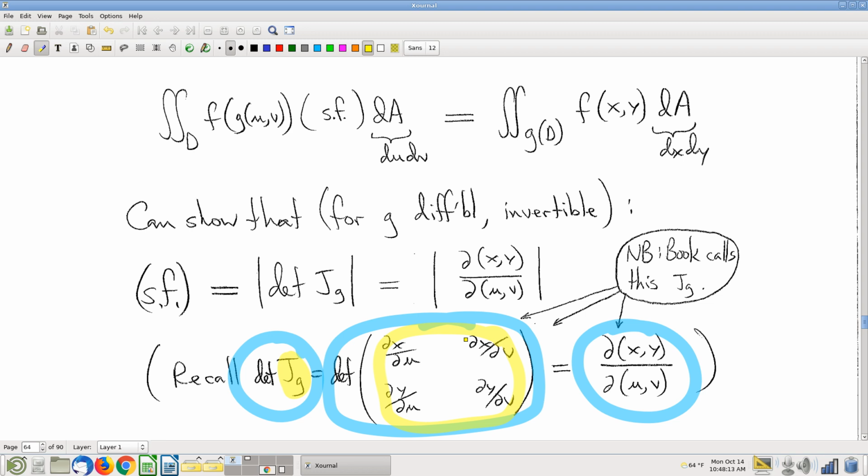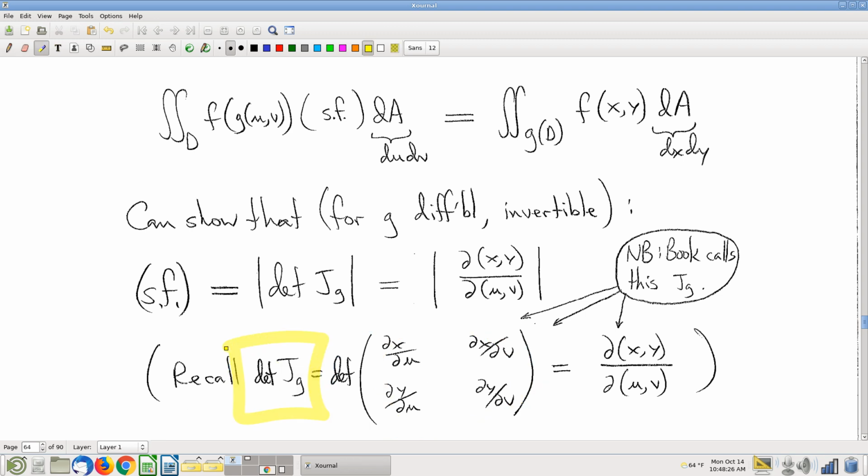I encourage you to write it my way, because I think it makes more sense. If you're concerned about deviating from the book's conventions, okay. No one that sees you write this down is going to not know what you're talking about here, ever. It's not going to happen. So I think this is the safe notation, and I would encourage you to ignore the book's notation. Okay. All right.